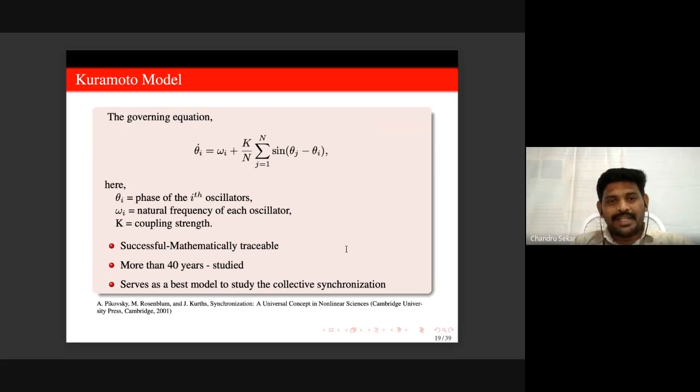In this equation, theta j is the phase of the jth oscillator and omega j is the natural frequency of the oscillator, and K is the coupling strength. In the past 40 years, this Kuramoto model has been extensively studied in various aspects, since it served as the best model to study collective synchronization.